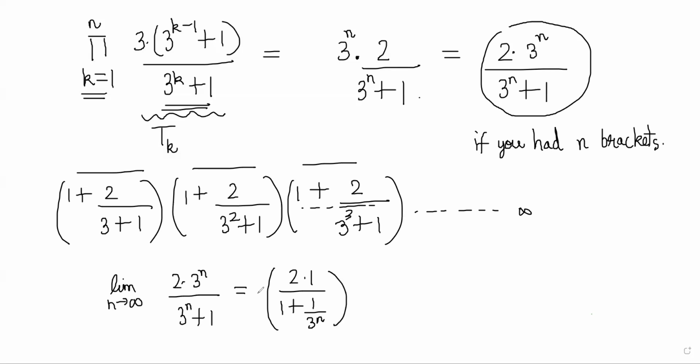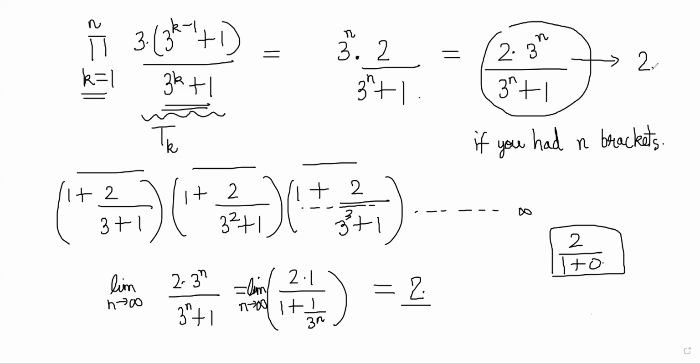And this is the expression when n becomes very large, 1 by 3 power n tends to become 0. So the answer here is roughly 2 because you are getting 2 by 1 plus 0. So when n tends to infinity, this expression becomes very close to 2. That is the idea of a limit.